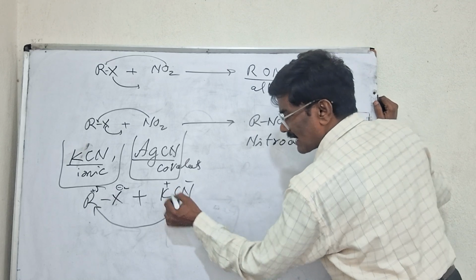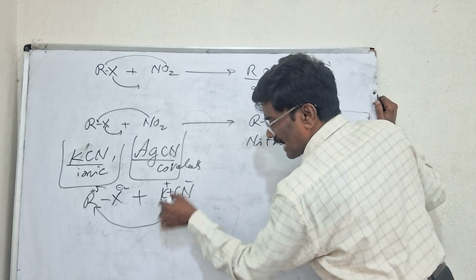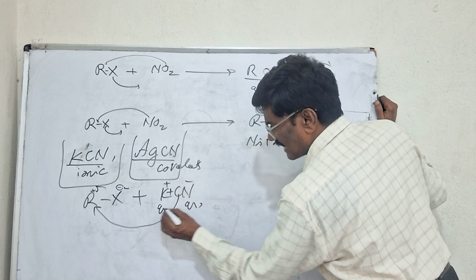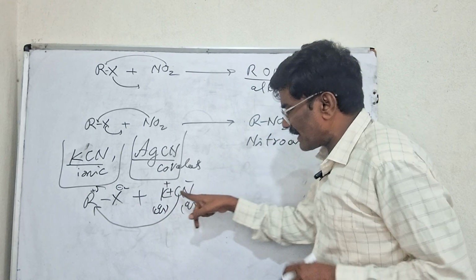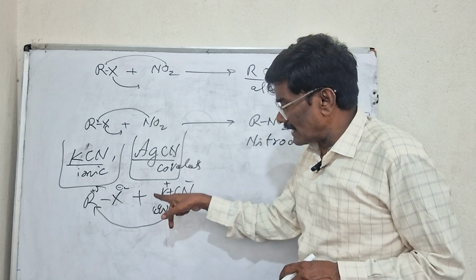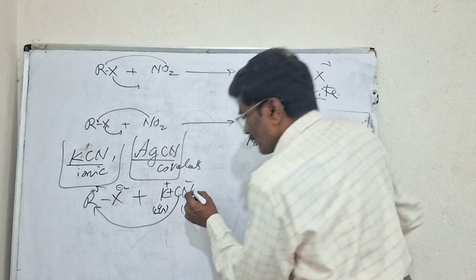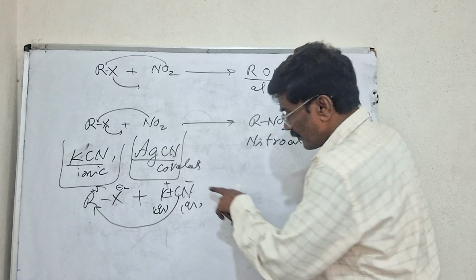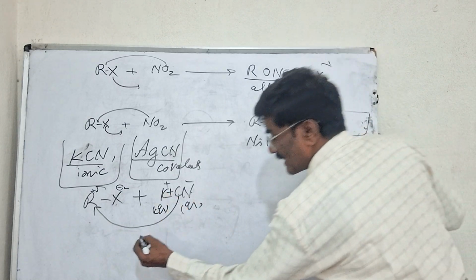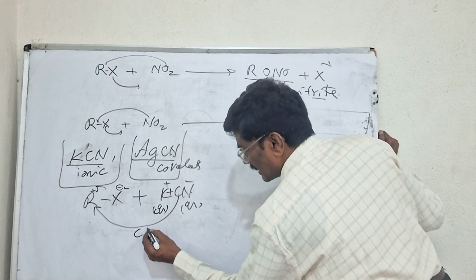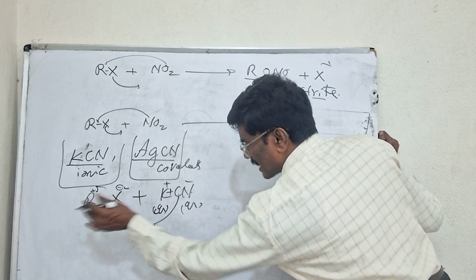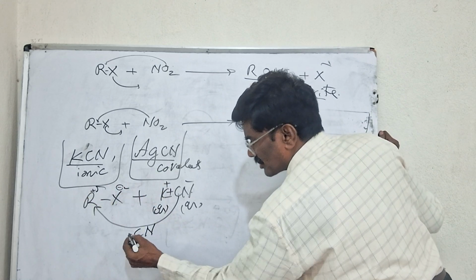Here carbon is free, not bonded to potassium, and nitrogen is also free. Potassium is in the form of ions in the aqueous solution.